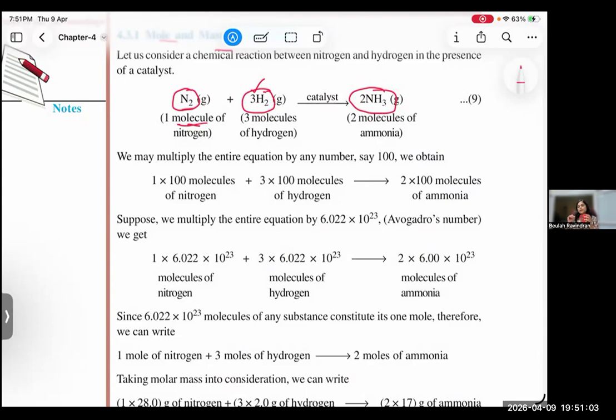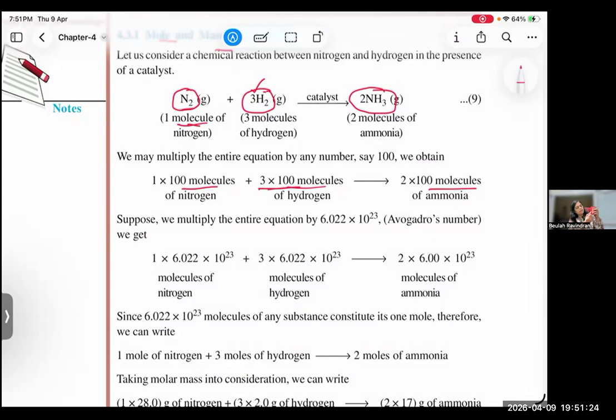So do listen. If you multiply by 100 molecules, say this cup contains 100 molecules of nitrogen, then it must be 300 molecules of hydrogen, right? Then only it will be correct.